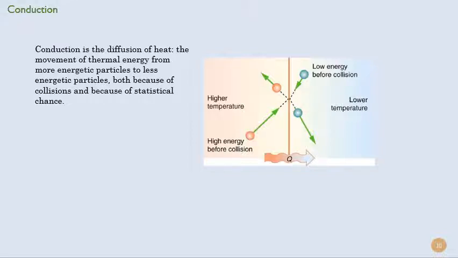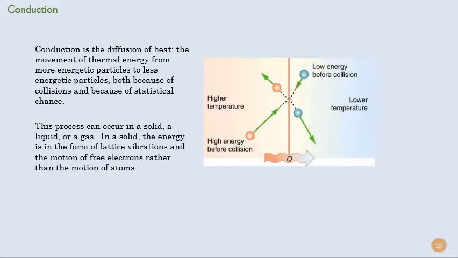So now our blue one is moving faster than our red one, and they're going to consistently transfer momentum from the high temperature area to the low temperature area, and eventually that's going to spread throughout the whole system and create equilibrium. That process is called conduction. That is the movement of thermal energy by collisions between molecular particles. This can occur in a solid, obviously, but it can also occur in a liquid or a gas.